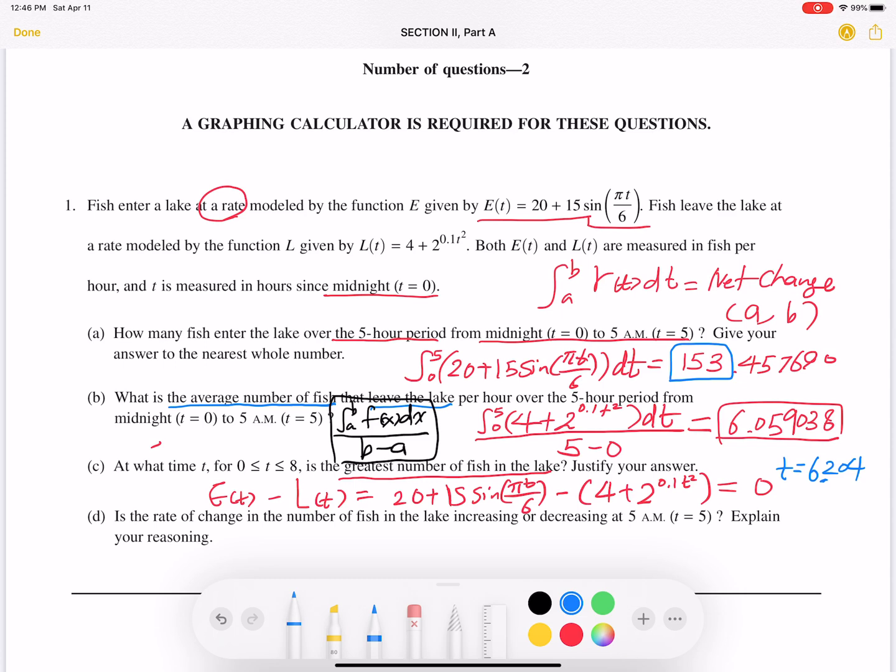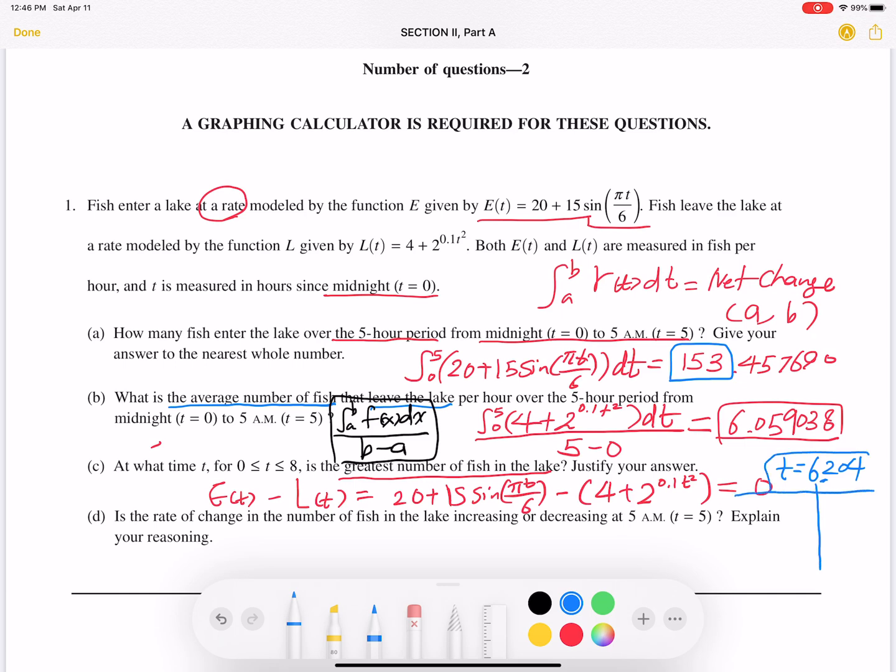But if t is greater than or equal to 0 and less than 6.204, that E(t) minus L(t), this function is going to be positive. So I'm going to make a tiny table.